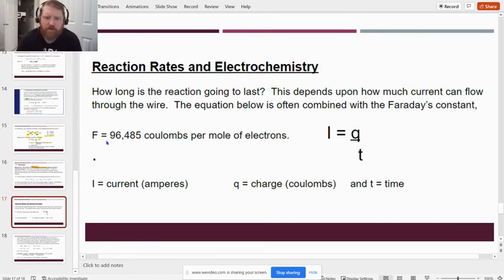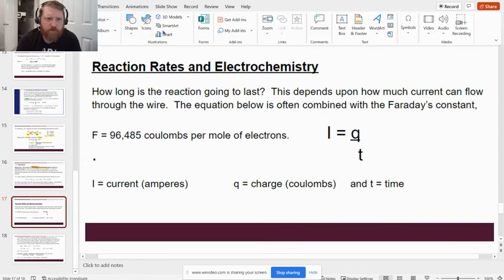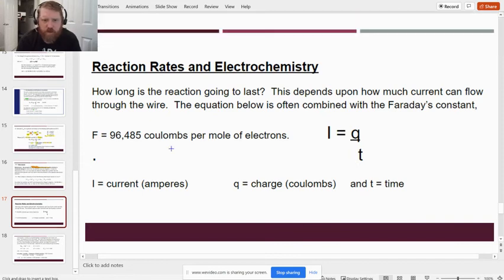And then we often will combine this with Faraday's constant. If we think about it, I'm going to write C for coulombs, coulombs per mole of electrons, and then we multiply or divide that by the amps, the amperage.